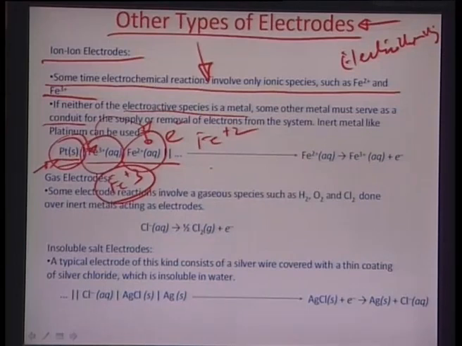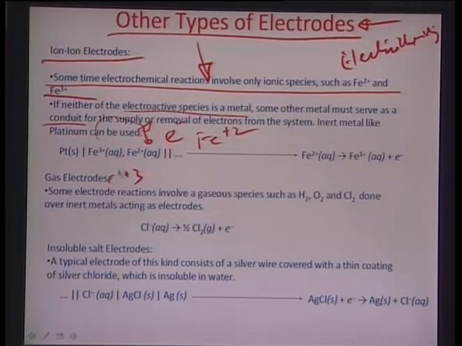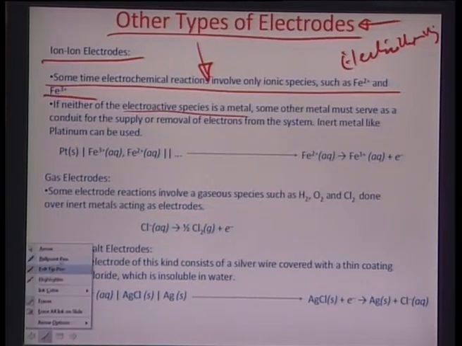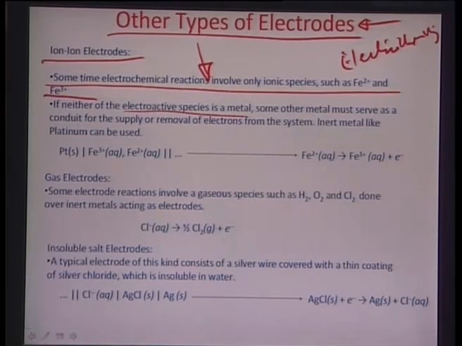The other types of electrodes that are available are gas electrodes, as illustrated in this particular example. Here, instead of a liquid species, we are concerned with a gaseous species, such as hydrogen, oxygen, chlorine, etc.